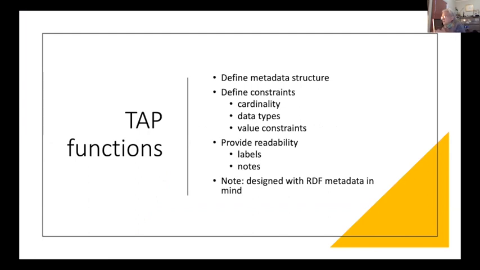We wanted the application profile to be readable, and therefore we've included labels and notes. And as we were working on this, we decided that the most efficient way for us to come up with something usable was to pick a type of metadata that we were aiming at. And so we designed this with RDF metadata in mind.